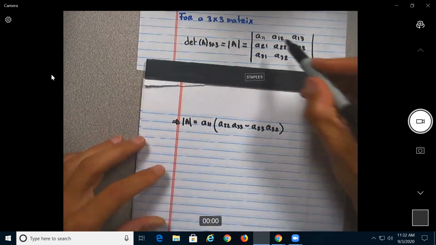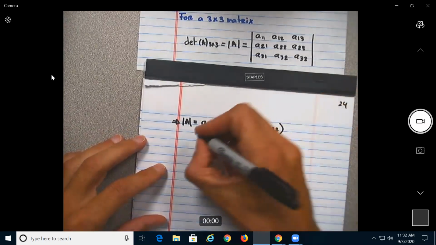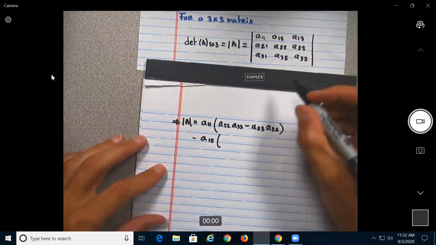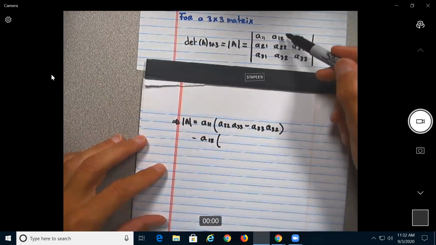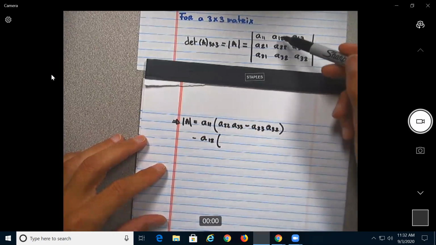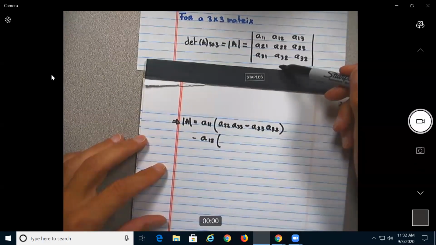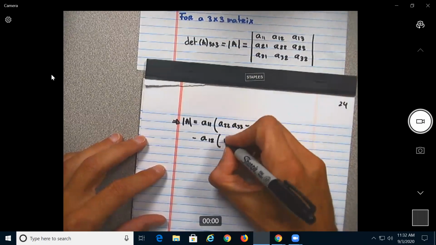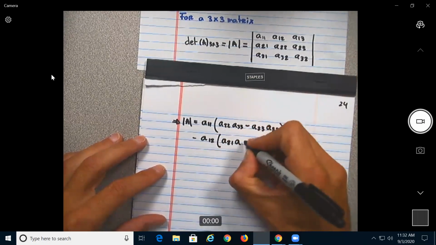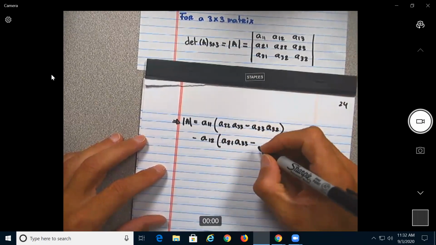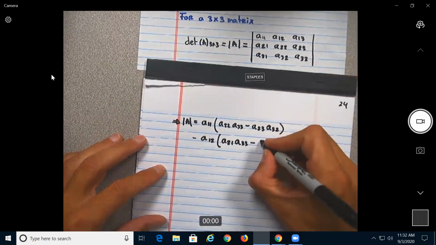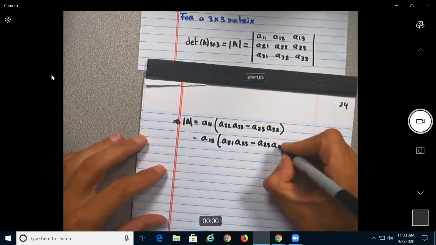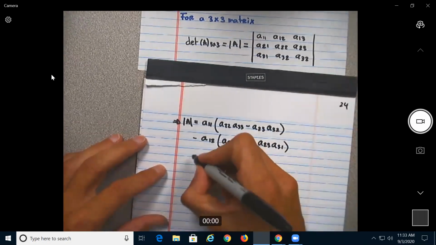Okay? Now we switch the sign, minus A12 times the factor of, so this one will give you A21, A33 minus A23, A31. All right?